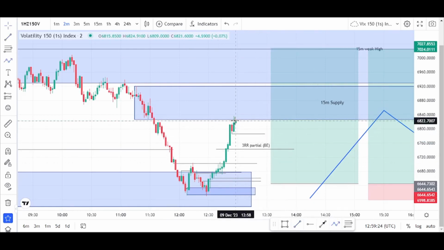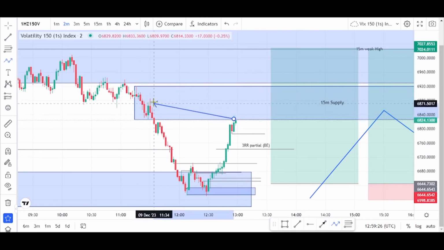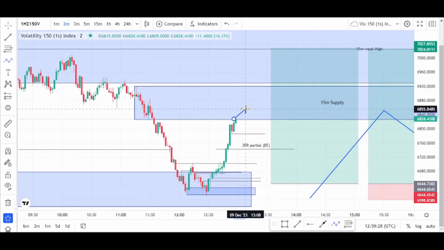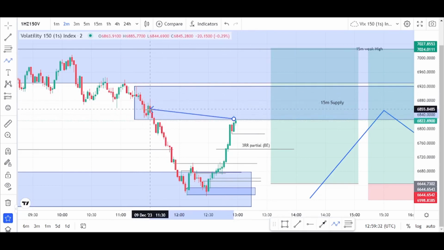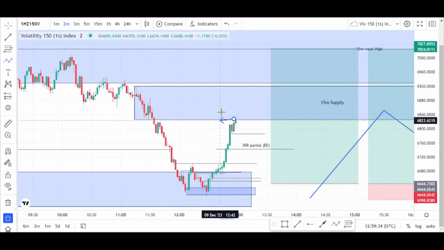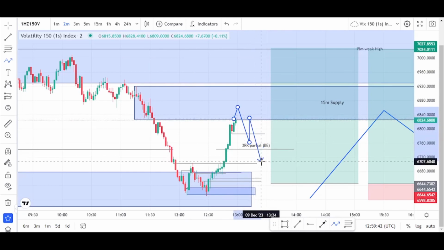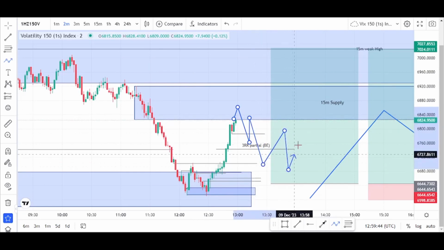For it to come and mitigate this week. After mitigating this week, or maybe this 2-minute candle within the 50-minute supply, and then break structure, mitigate, and then do its things, and then I'll let it do its things.